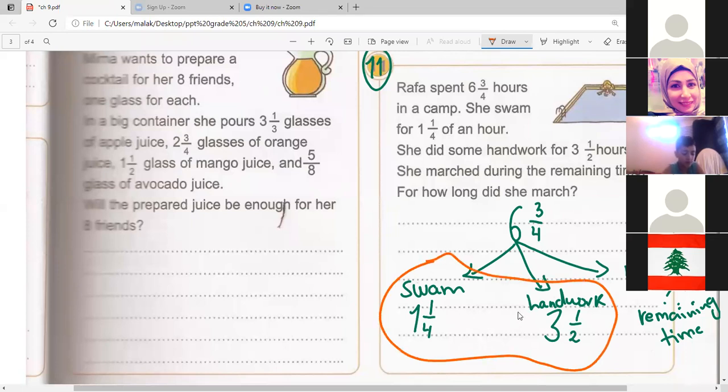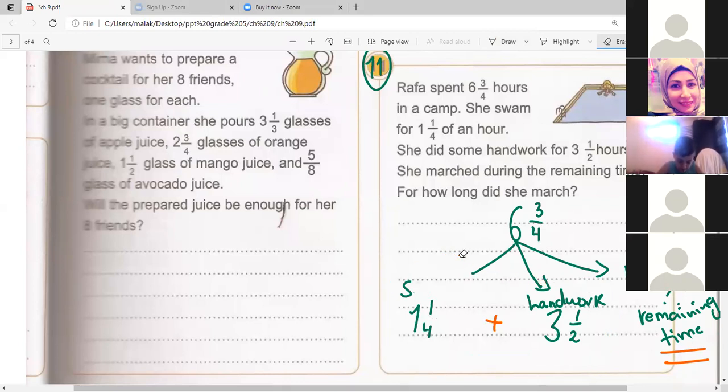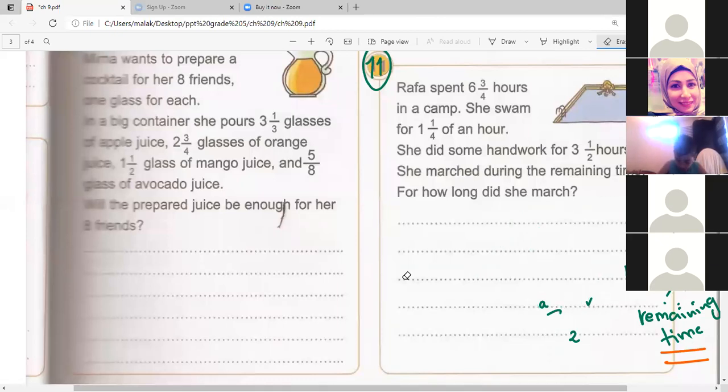In both activities, how many hours did she spend? We will add them together, then we will find the remaining time by subtracting from the total. It's not time to work all of us together. Now it is Hussein Najm's turn. So let's add first.